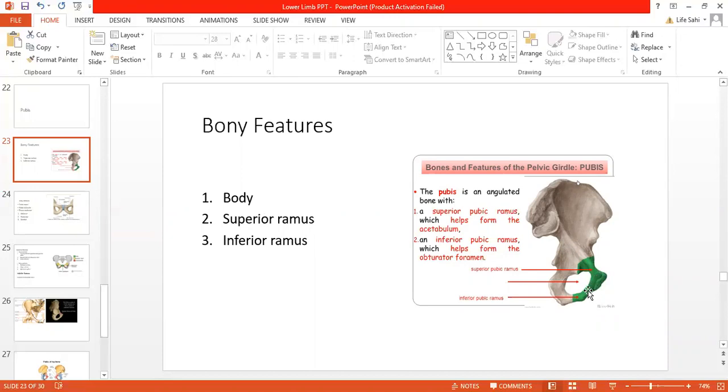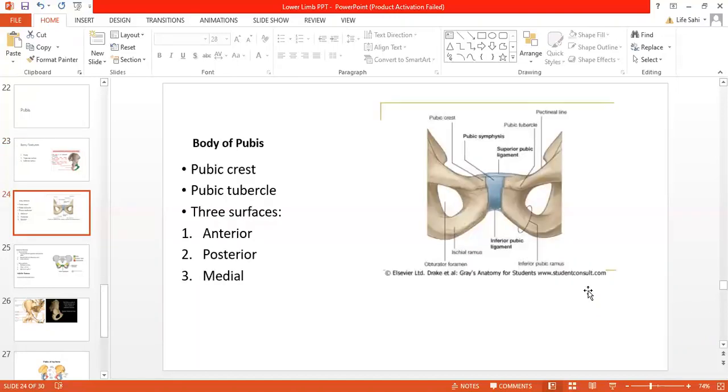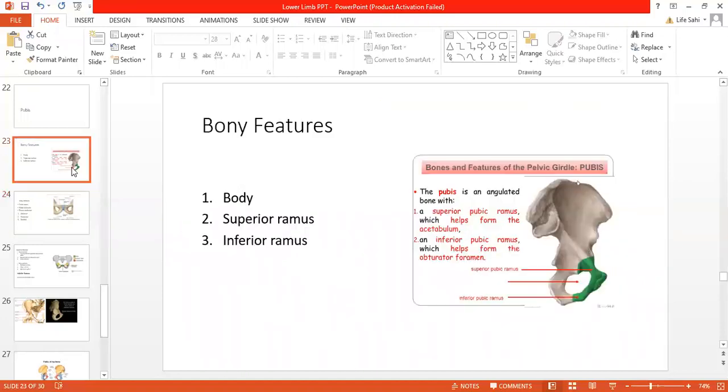So the body of the pubis has three surfaces: anterior, also called outer surface, that faces anteriorly or is directed forwards. Then it has a posterior surface, which has another name called pelvic surface because it faces the pelvis.